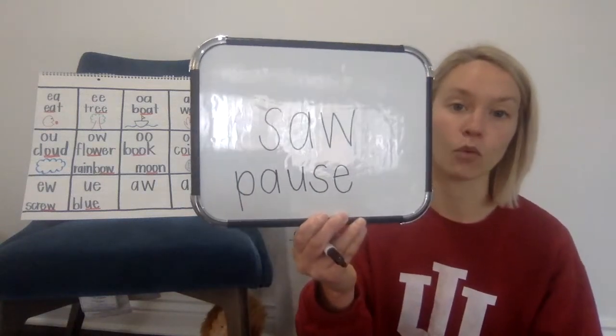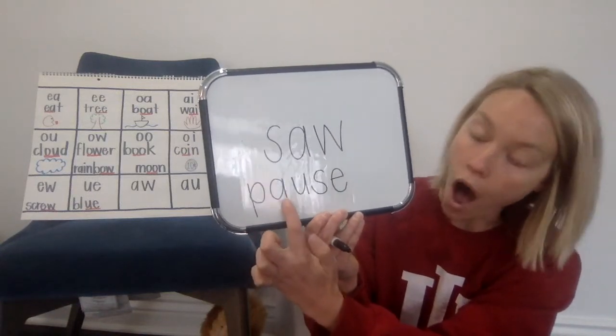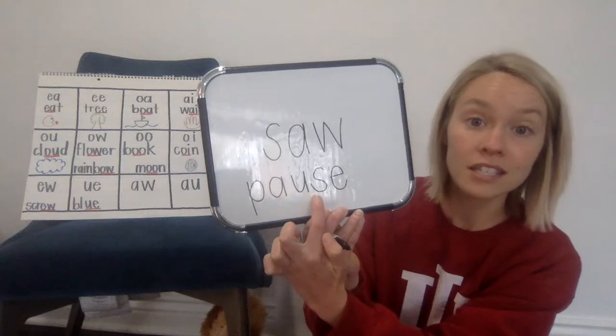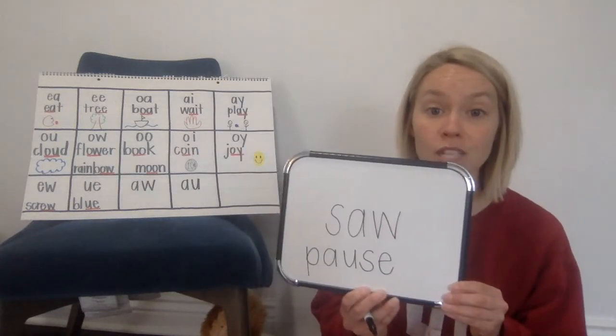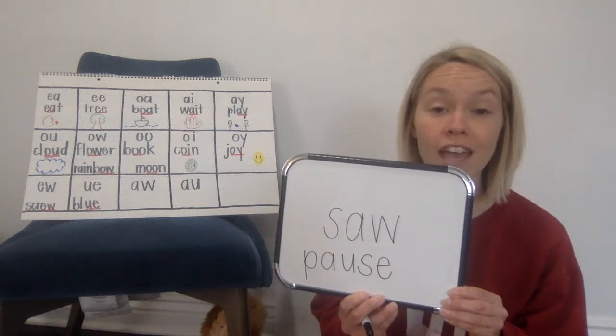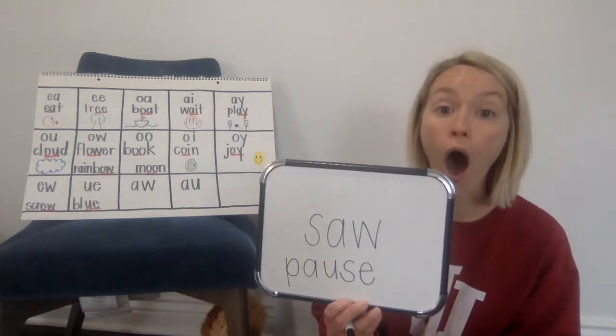So if I'm writing the word pause, I see p, "aw", s. So we can use the two vowel teams AU and AW to help us write the sound "aw" in different words.